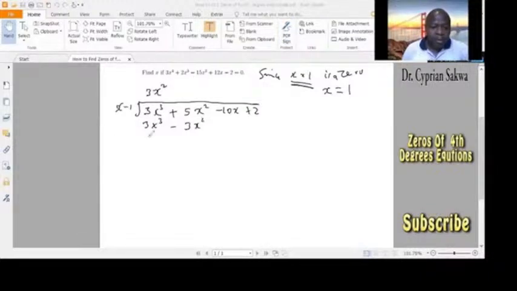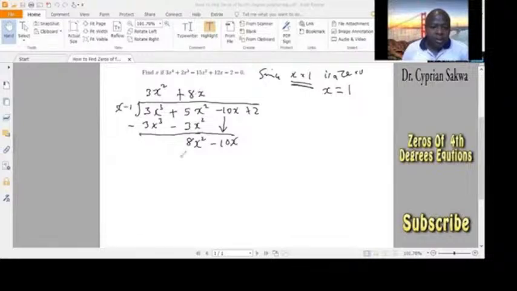3x squared. Subtract this, you have a 0 here, and you have 8x squared. Bring this one down, you have minus 10x. So this will go there, 8x times, so 8x.